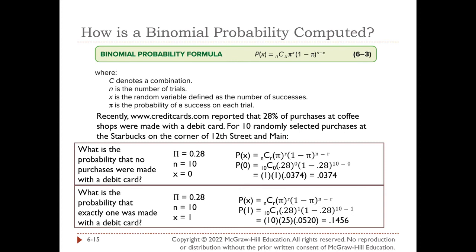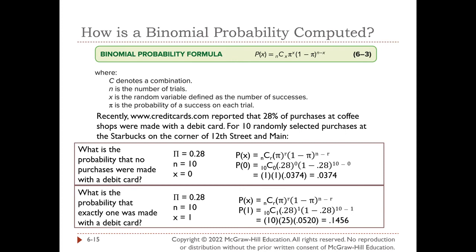That is nCx, pi to the x, multiplied by 1 minus pi to the n minus x. Just be smart. Write down that formula.